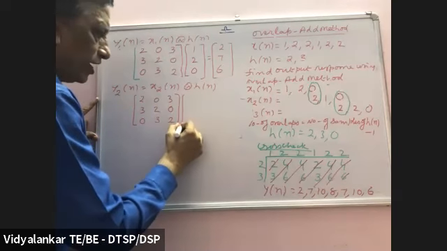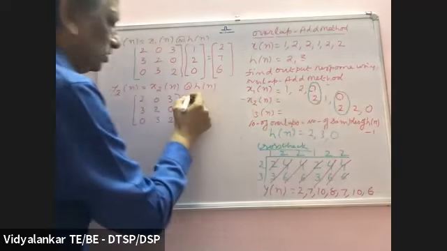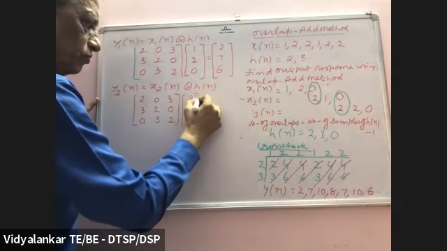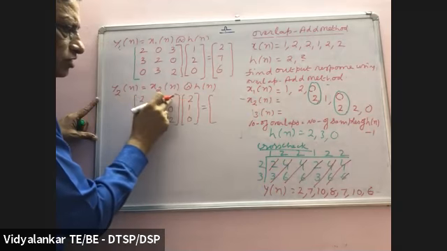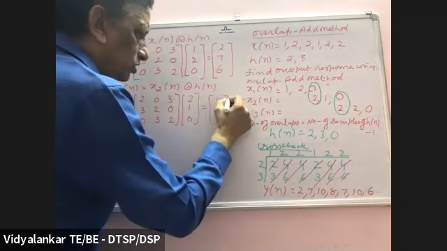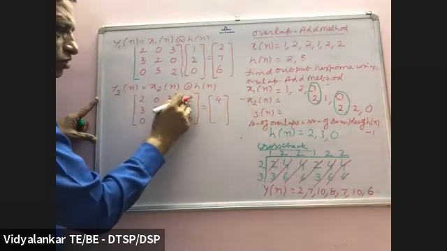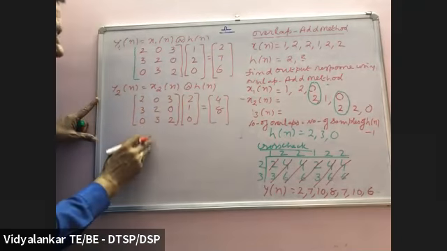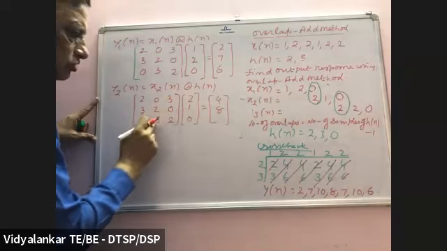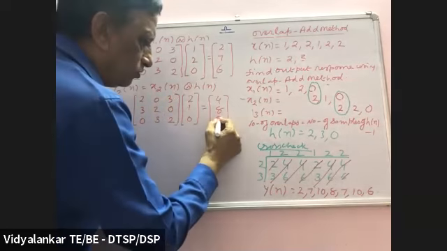This is multiplied by x2[n]. What is x2[n]? 2 1 0. So in this matrix multiplication, 4 plus 0 plus 0, y2[0] is 4. 3 into 2 is 6 plus 2 is 8 plus 0, means y2[1] is 8. Last one, 0 plus 3 plus 0, y2[2] is 3.